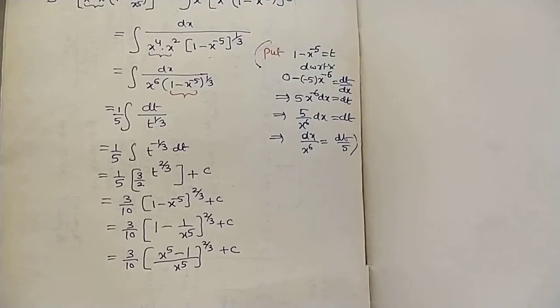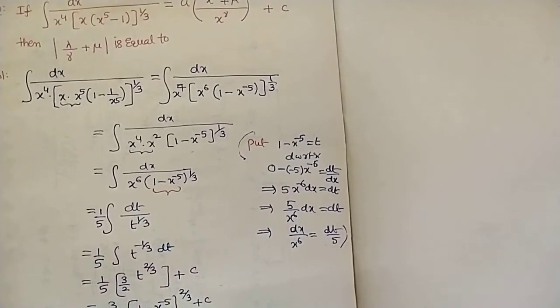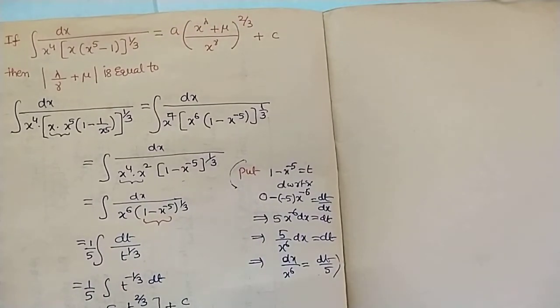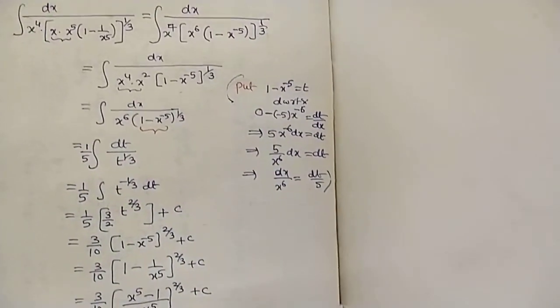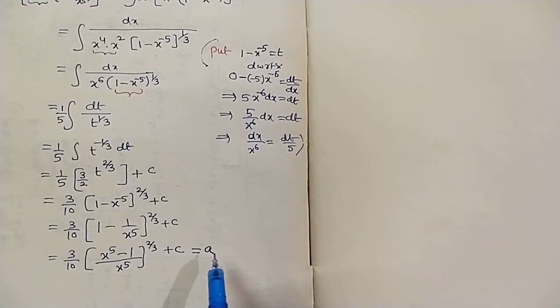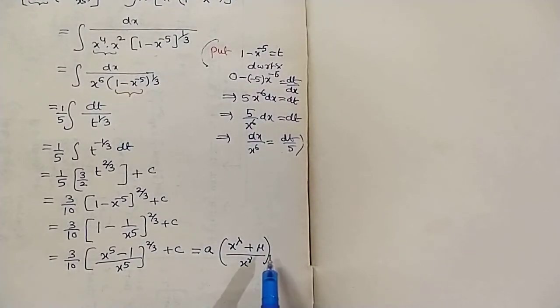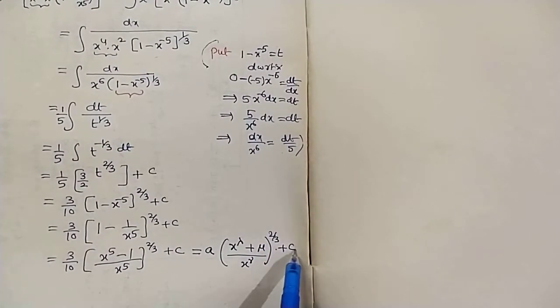Now what we have to do? You have to compare this value with the given question, which is a into x power lambda plus mu divided by x power gamma whole power 2 by 3 plus c.